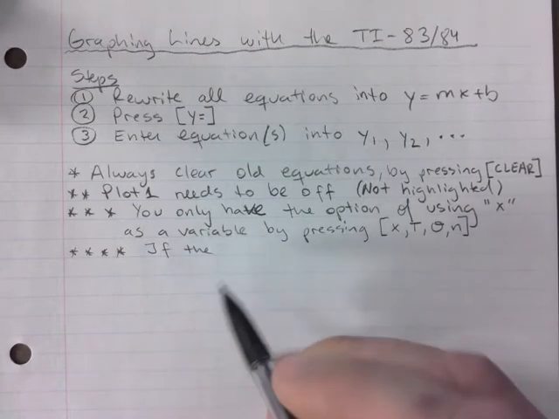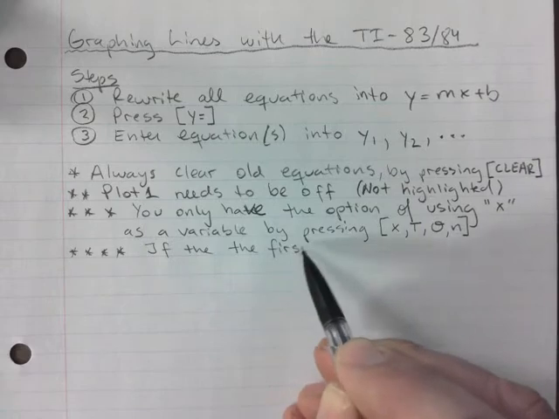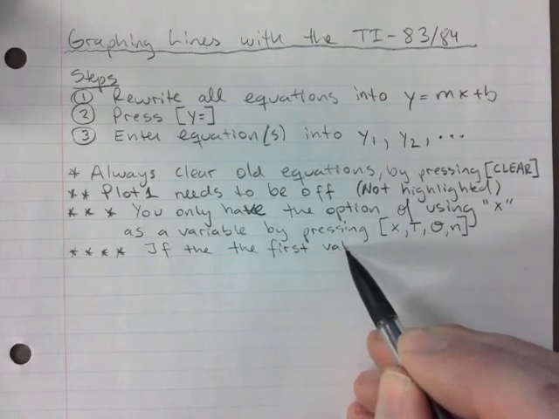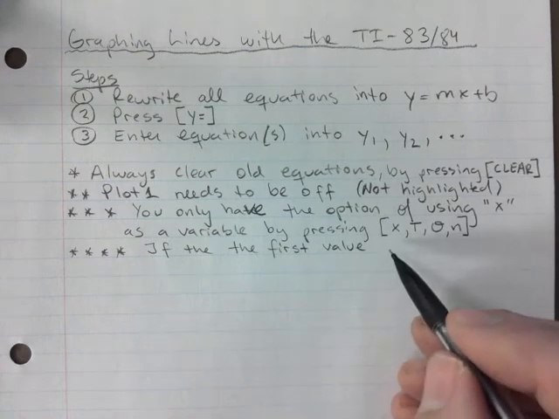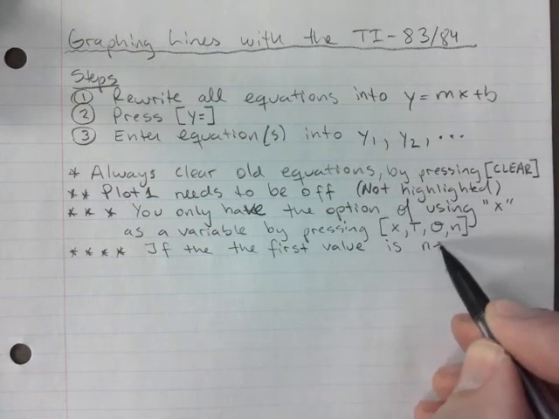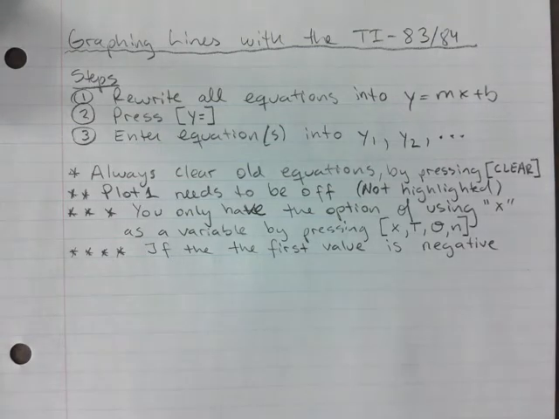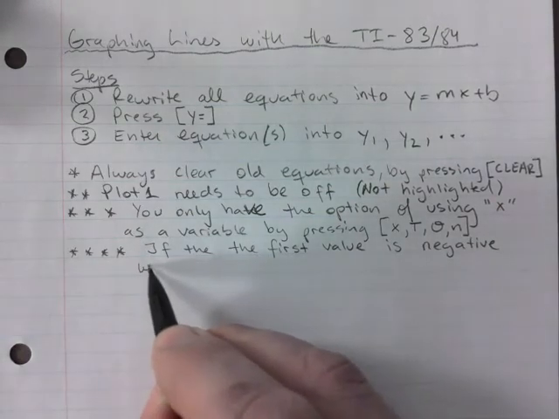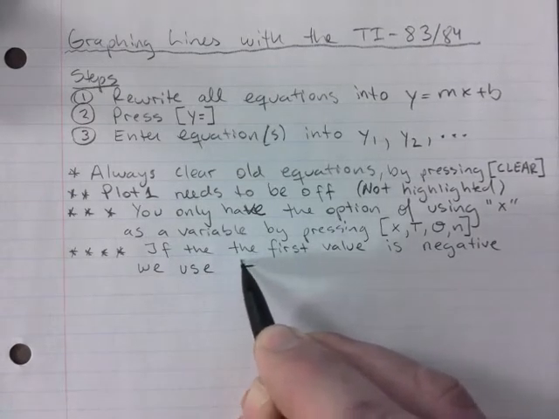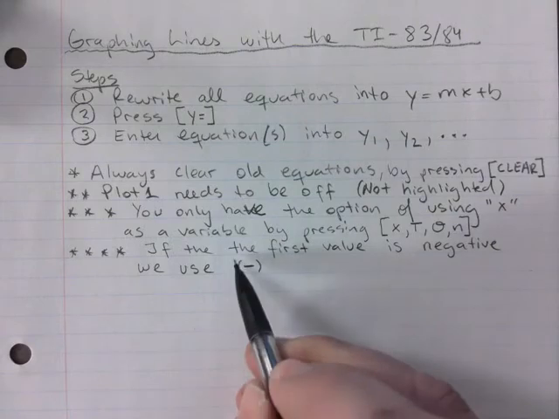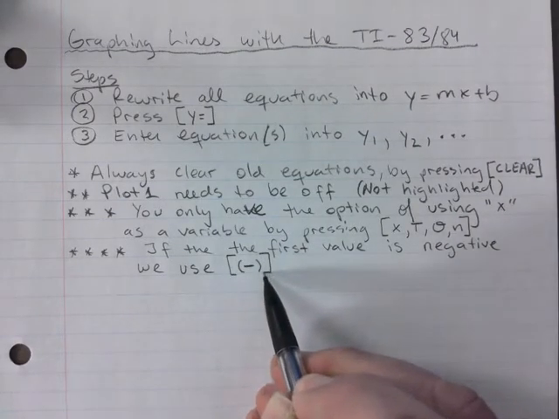If the first value, that's like our leading coefficient, is negative, we use the, watch this, a negative with brackets, and I put square brackets around it to indicate that it's actually a button.